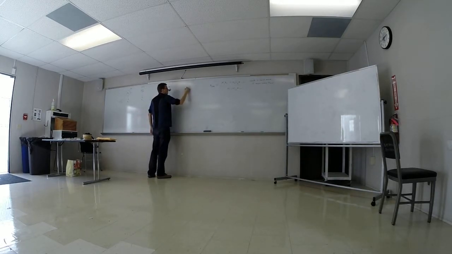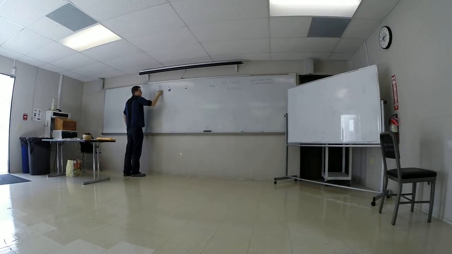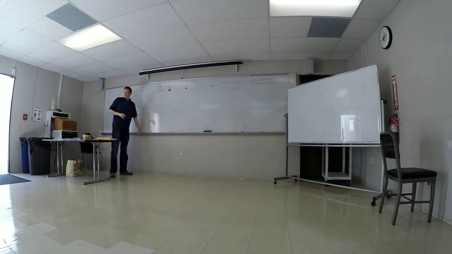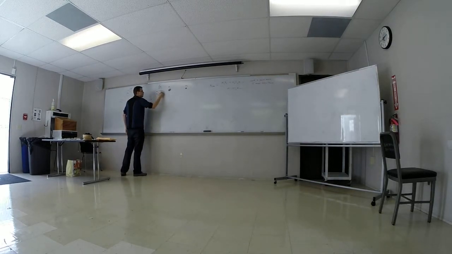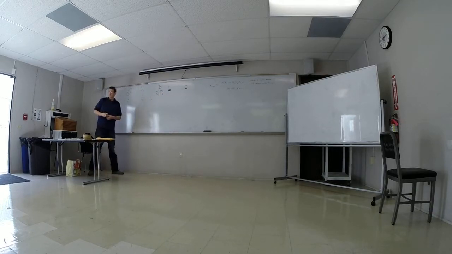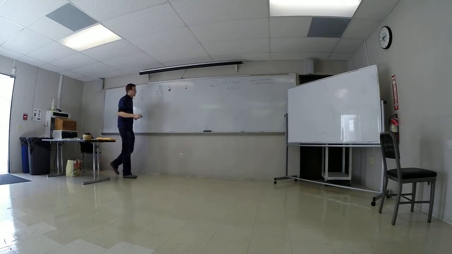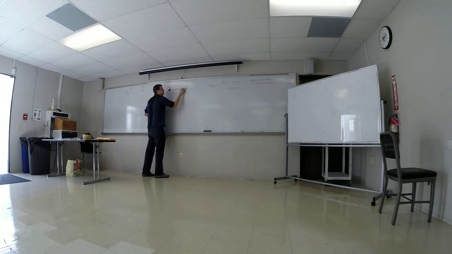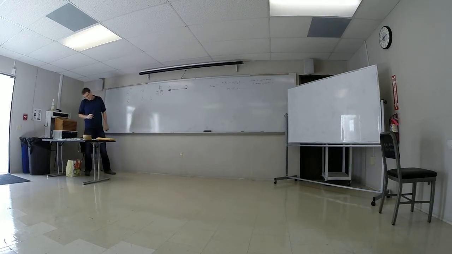I have another point particle, mass 2. And I've tried to draw M1 a little bit bigger because it has more mass. And just to make things interesting, I'm going to say that the connecting rod itself is not massless. The connecting rod itself is going to be 10 kilograms.